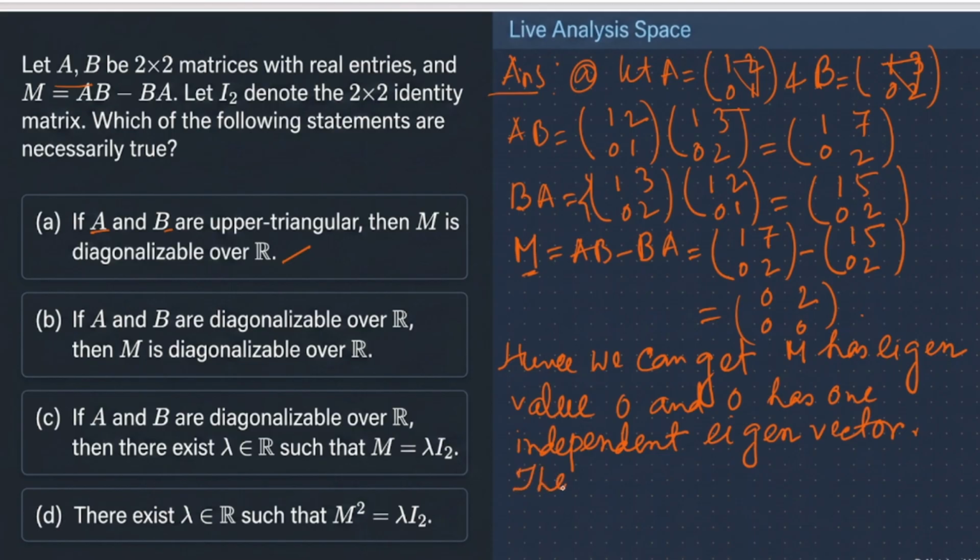Therefore, it is not diagonalizable. Here we get 0 is the only eigenvalue and 0 has only one independent eigenvector. Therefore, we cannot say M is diagonalizable, so option A is false.